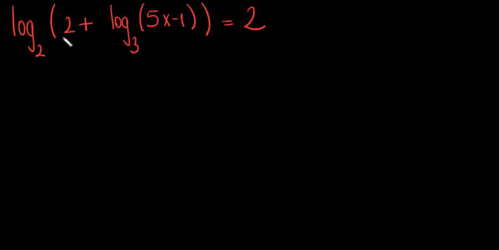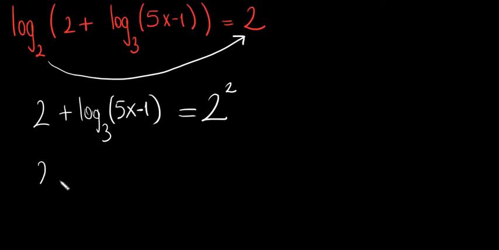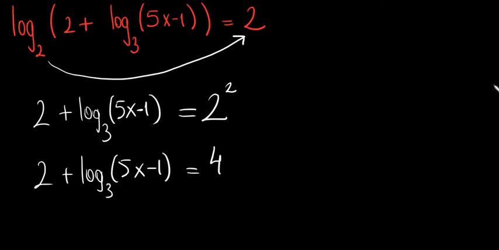So let's start with this. 2 to the power of 2 is going to be equal to whatever this expression is, so that is 2 plus log base 3 of 5x minus 1. 2 to the power of 2 is 4. We multiply 2 by itself twice, so 2 squared is going to be 4.